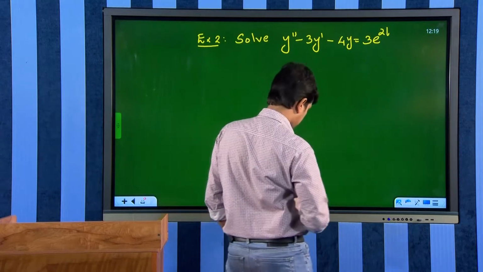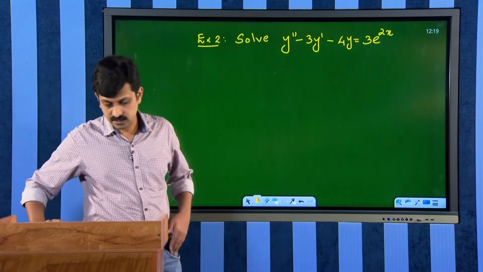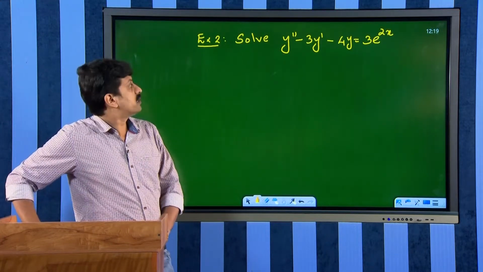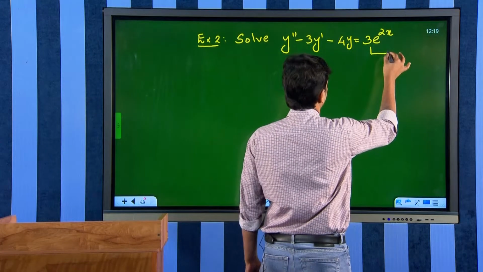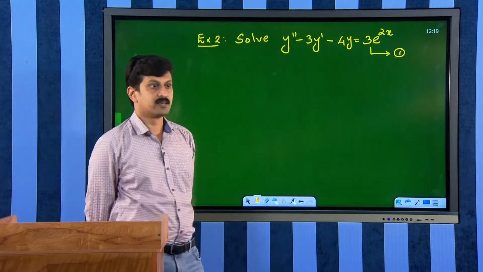I would like to write 2x instead of t, so 3 e raised to 2x. Here we have the non-homogeneous equation, and I would like to put this as equation number 1.